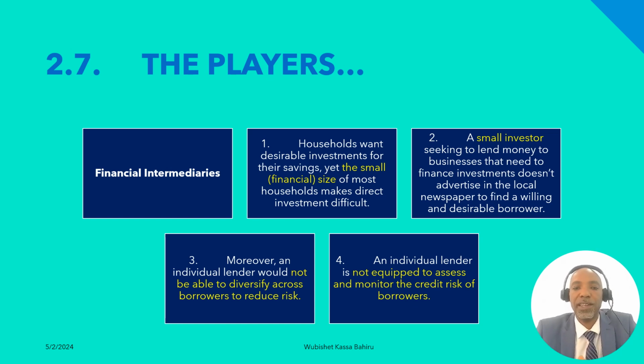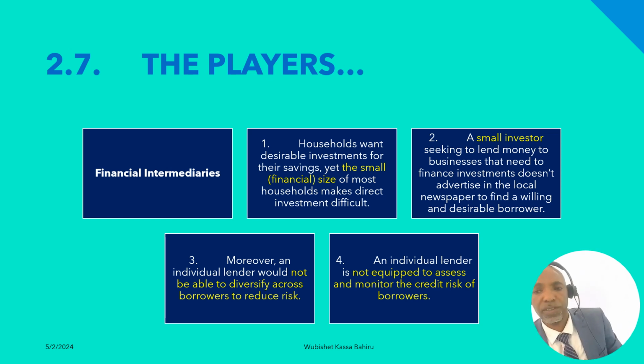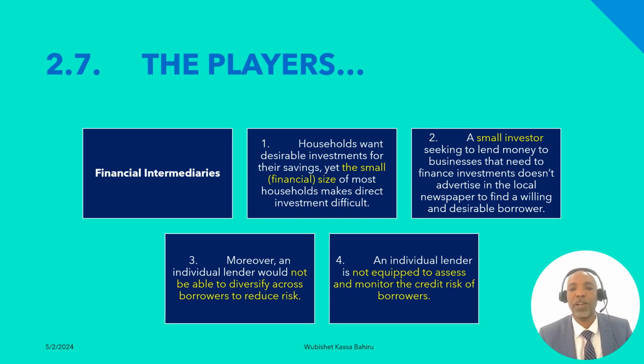Moreover, an individual lender would not be able to diversify across borrowers to reduce risks. As an individual, it is very difficult to analyze and diversify the money across different kinds of borrowers in order to reduce the risk associated with the capital market. An individual lender is also not equipped to assess and monitor the credit risk of the borrowers. Identifying the credit risk of the borrowers is a difficult issue for individuals.